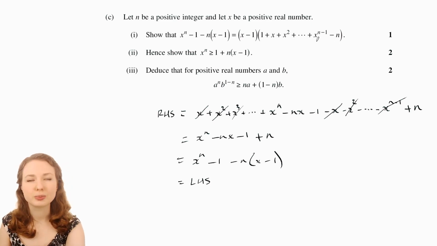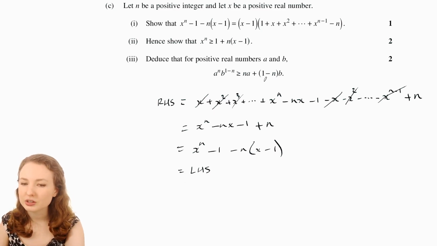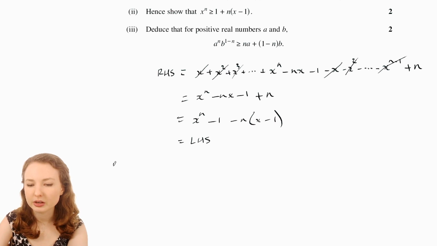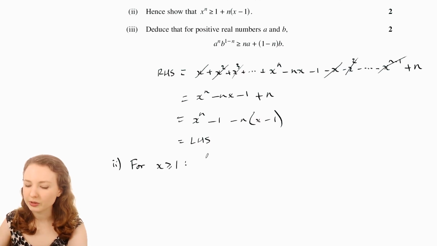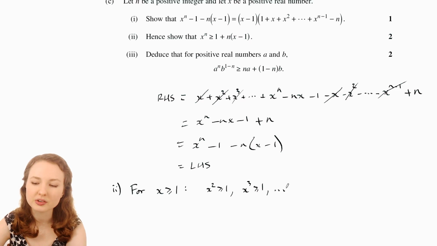So we have to actually split it up into 2 cases, one where x is greater than or equal to 1, and the other case where x is less than 1. So we could say something like, okay, for part 2, for x greater than or equal to 1, we've also got x squared is greater than or equal to 1, and x cubed is greater than or equal to 1, and so on.